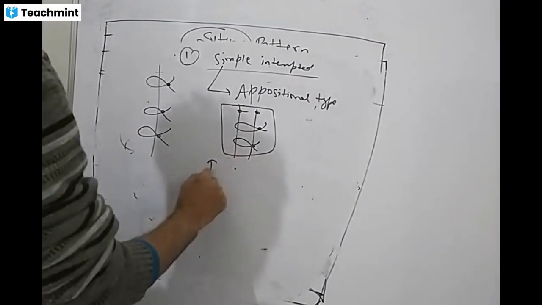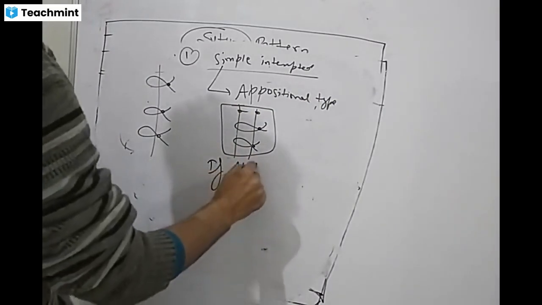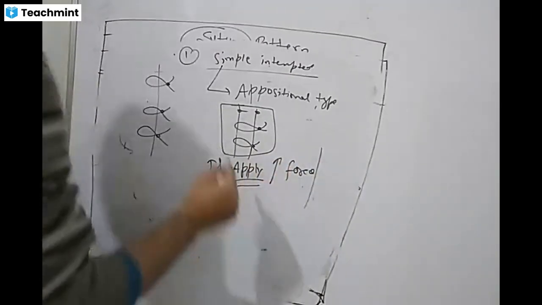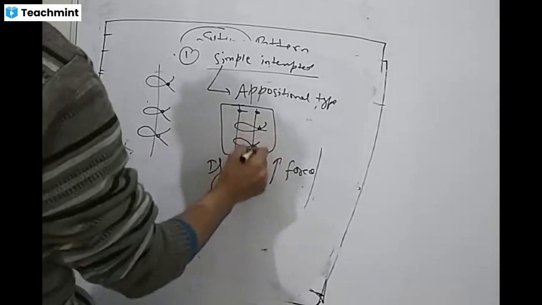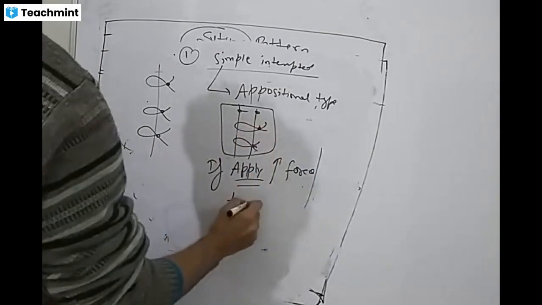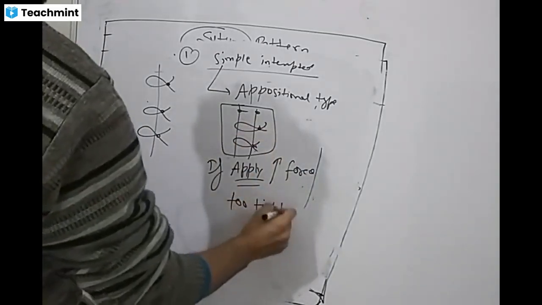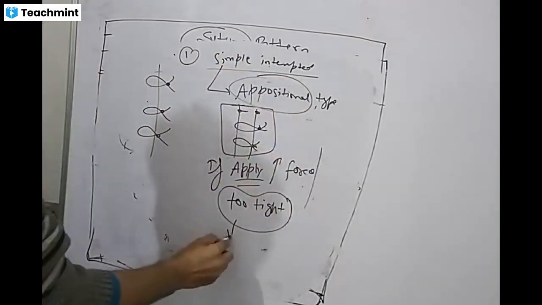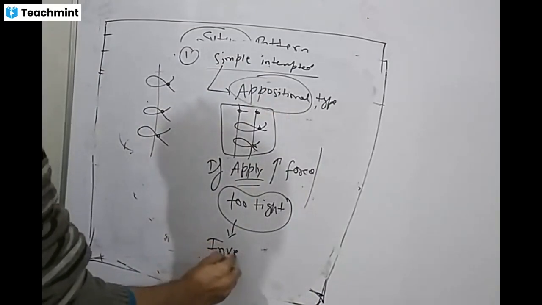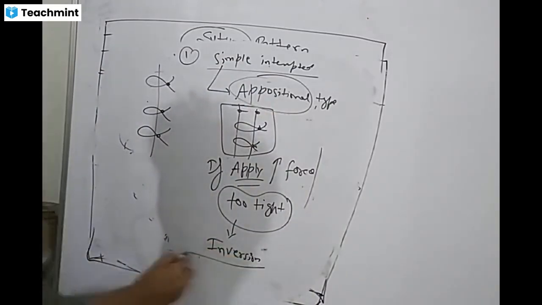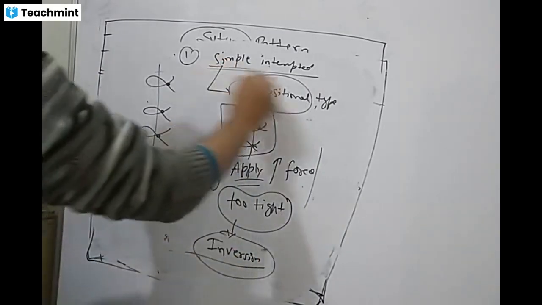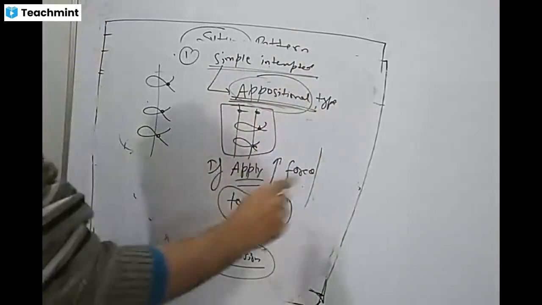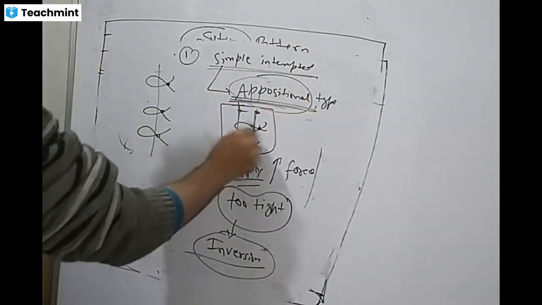If we apply more force, meaning if we tighten this suture material too much, then instead of opposition the end result will be inversion. So simple interrupted patterns are normally used as appositional type, opposing the two edges of the wound.